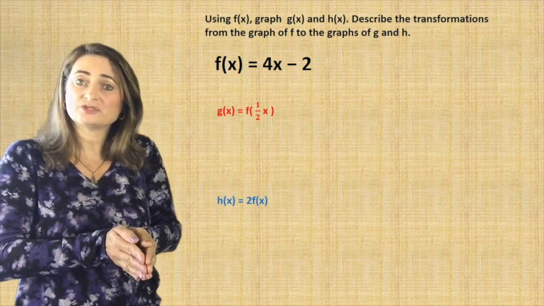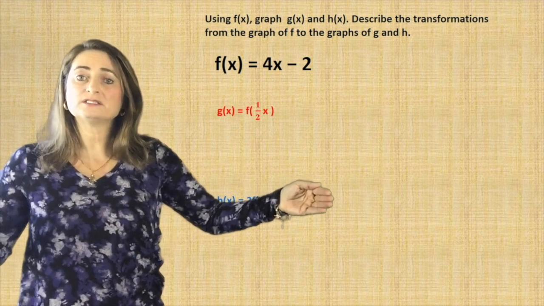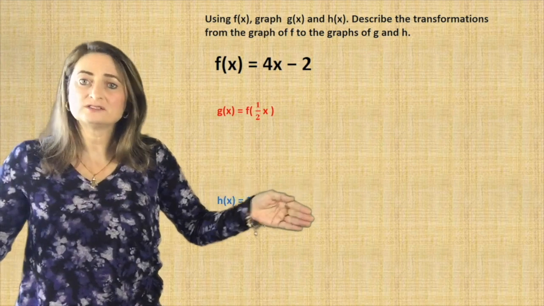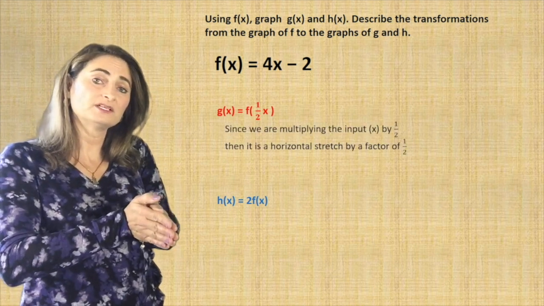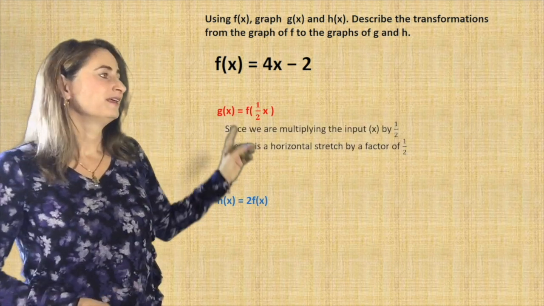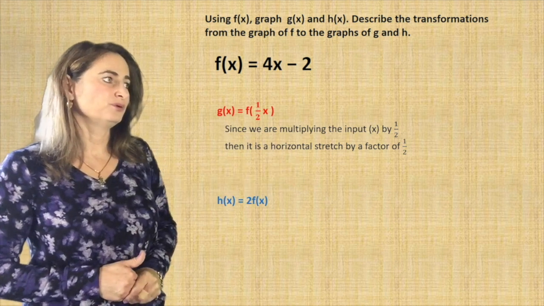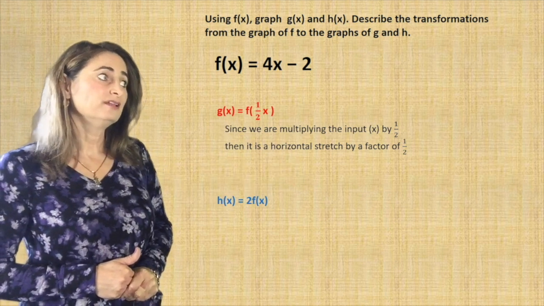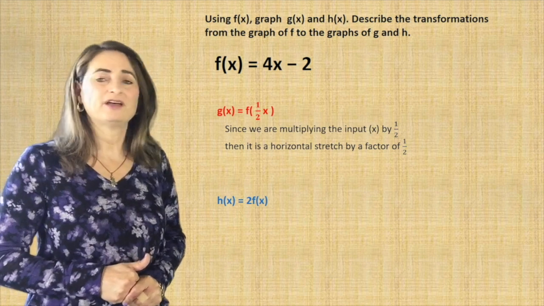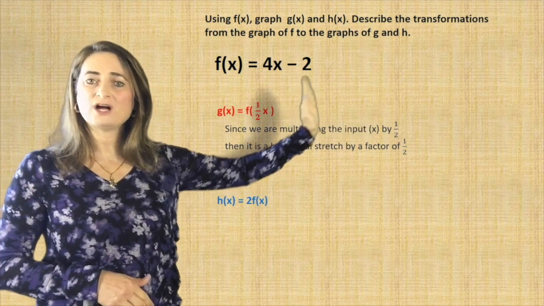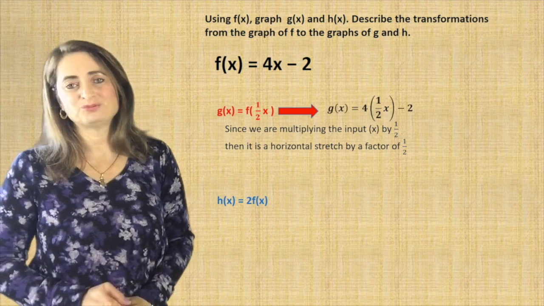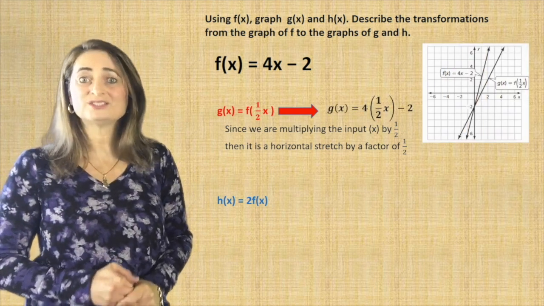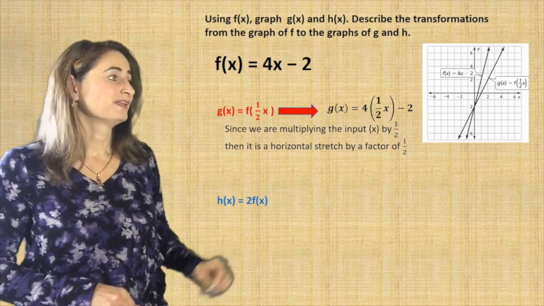Since it's a change to the x, that's a horizontal change because the x-axis is horizontal. Because it's less than 1 and more than 0, that is a stretch. Since we are multiplying the input by half, it's a horizontal stretch by a factor of half. Look at the graph. Watch how it went out farther away from the y-axis, which means it's a horizontal stretch.